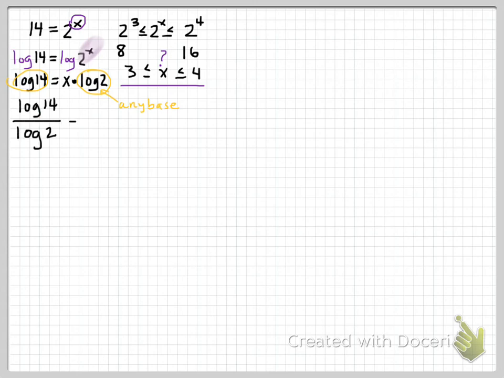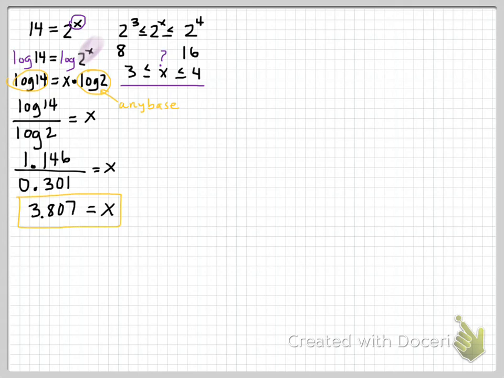Those guys turn out just to be values. You can take the value of them anytime that you want to. I'm just going to turn the log of 14 into 1.46 and then the log of 2 into 0.0301. And that's going to equal x. And so x is going to be 3.8. And we knew it would be a value between 3 and 4, and it is a value between 3 and 4.